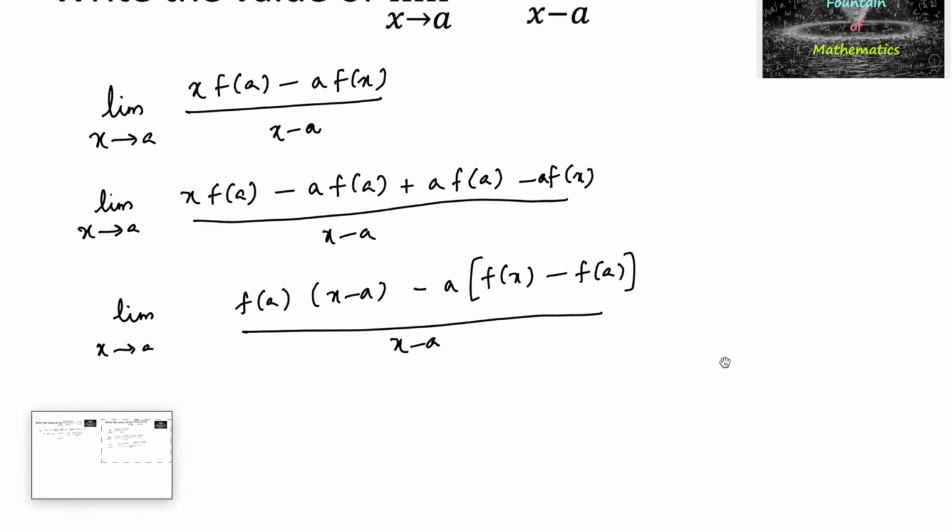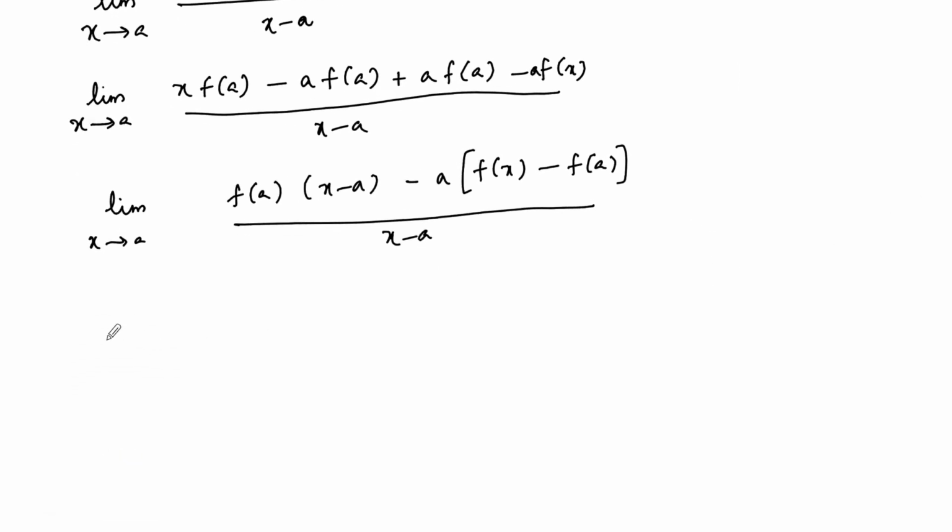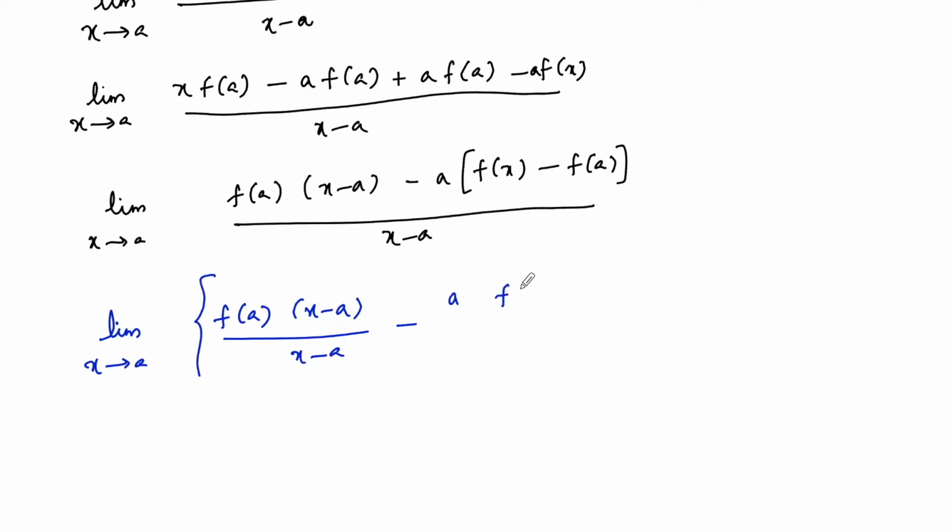So this can be written as limit x tends to a of f of a into x minus a upon x minus a, minus a times f of x minus f of a upon x minus a.